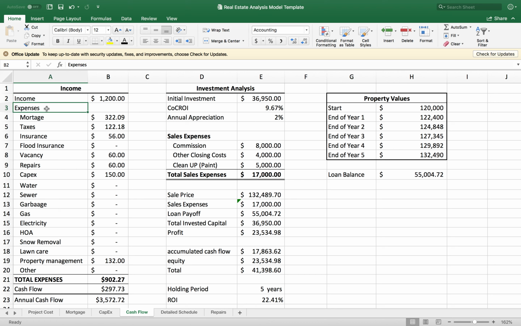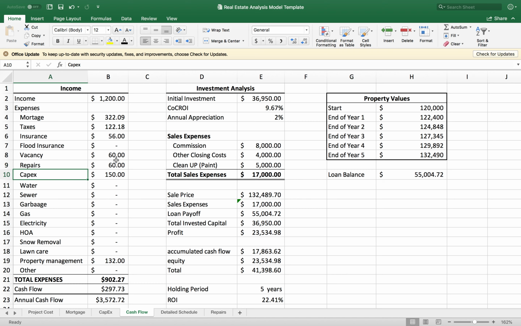The next step is to calculate our total expenses for the month. You see here we're paying $322 for our mortgage payment. We're paying $122 in taxes, $56 in insurance, and then we've also calculated some amounts for vacancy, repairs, and capital expenditures.